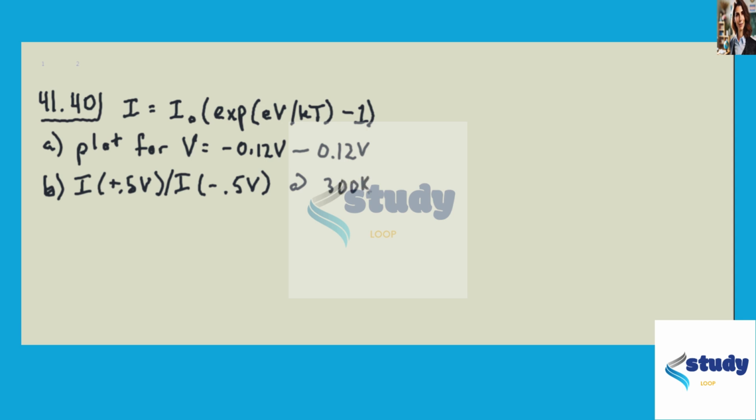And then, at the same 300 Kelvin temperature, it wants us to find the ratio of the current when it's forward biased by 0.5 volts and reverse biased by 0.5 volts. So let's take a look at part A.